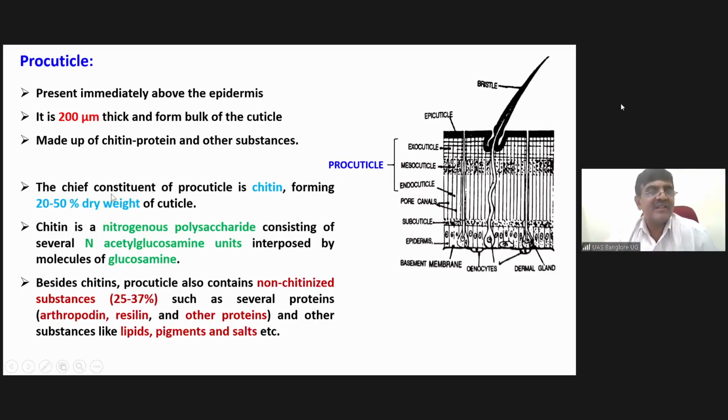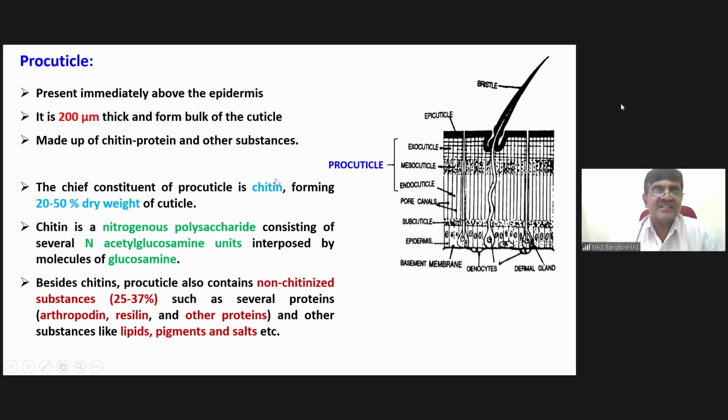The major constituent of procuticle is chitin, which forms around 20 to 50% of the dry weight of the cuticle.